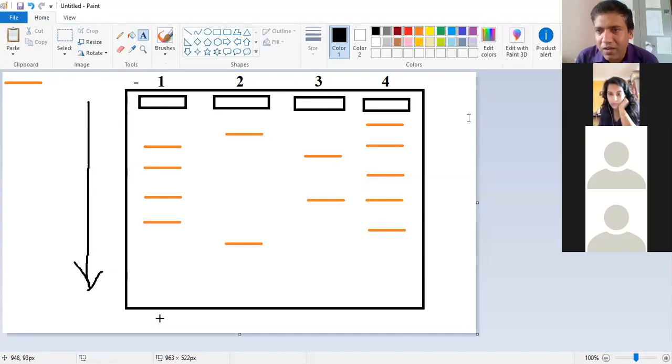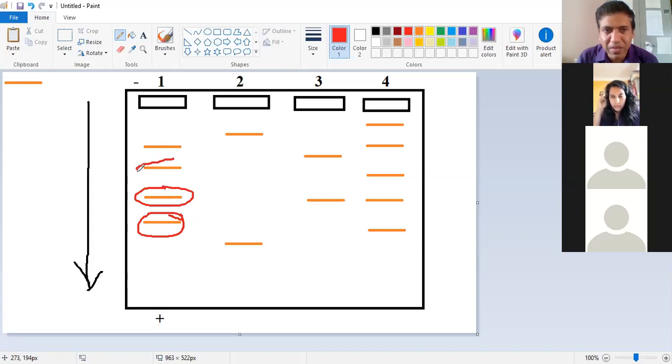So now I had 4 different samples. What you find here is that each band that you are seeing indicates a DNA molecule of a particular size. Say this is one DNA molecule, this is another. In sample number 1, this DNA molecule is the smallest DNA, this is bigger, this is again bigger than the second one, and this one is the biggest DNA.